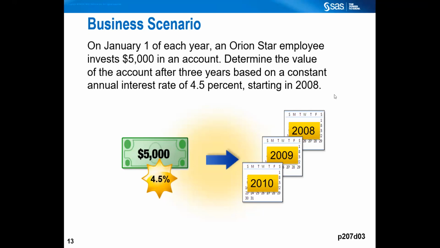Now they have given you the start year as 2008 and you want the next 3 years, so you write 2008, 2009, 2010. Your amount is 5,000, the rate of interest is 4.5. So it's telling you to determine the value for 3 years based on a constant annual interest rate. With this, let's check this demo.